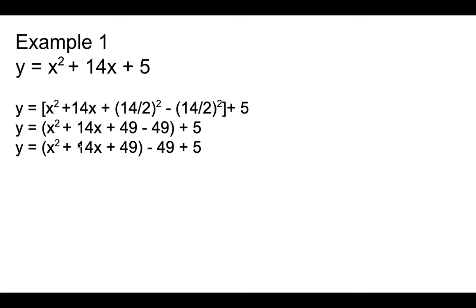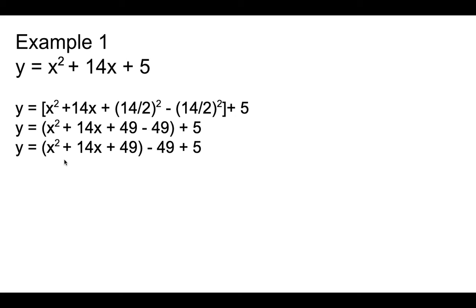Now, at this point, you should have what's called a perfect square trinomial. You'll have something x squared, and the last number should be a perfect square number. So notice how 49 is 7 times 7, or 7 squared. And if we factor this, notice how 7 times 7, 7 plus 7 gives me 14.